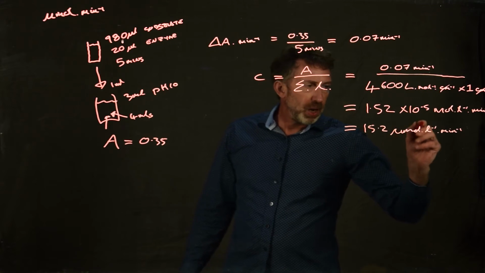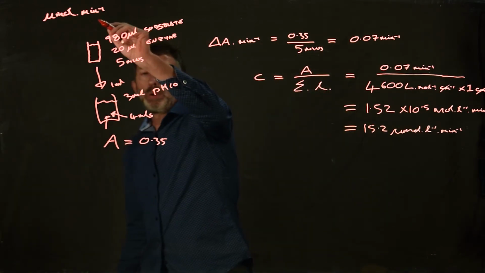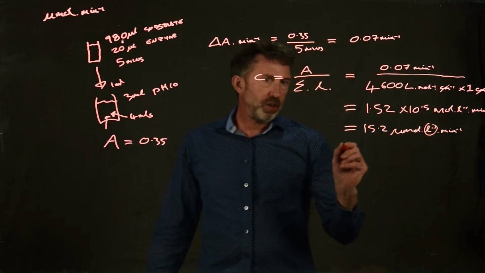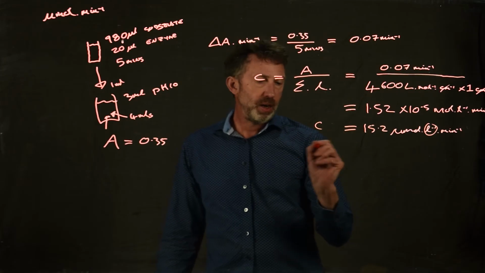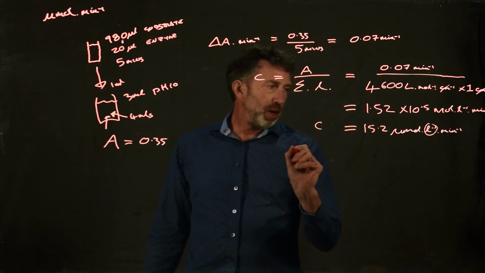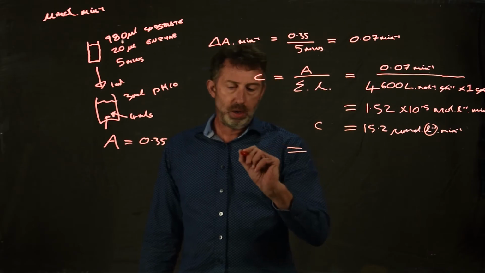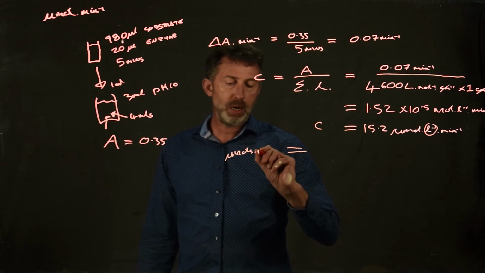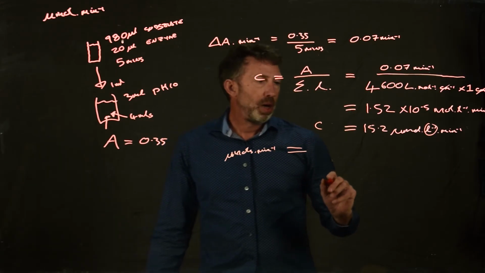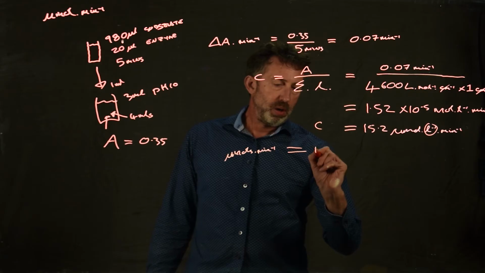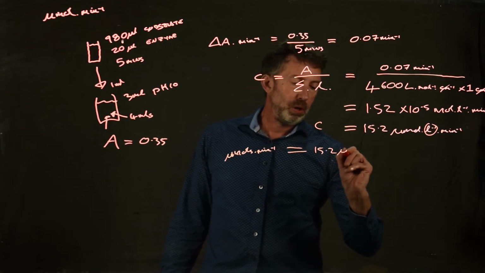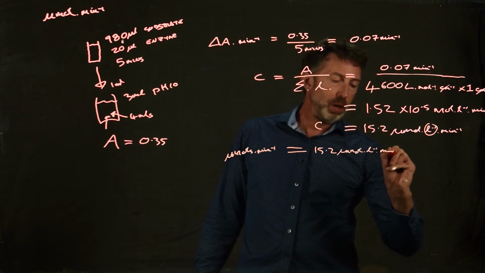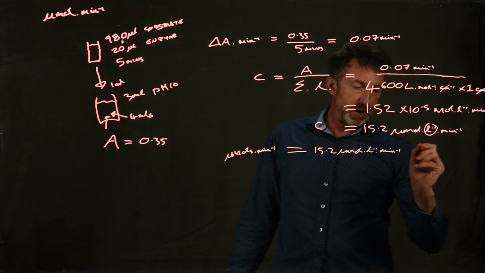We don't want micromoles per litre per minute, we want micromoles per minute, so we need to get rid of this litres somehow. So we need to multiply this, that's the concentration there. So the absolute amount, in micromoles per minute, is going to be equal to 15.2 micromoles per litre per minute, multiplied by the number of litres.